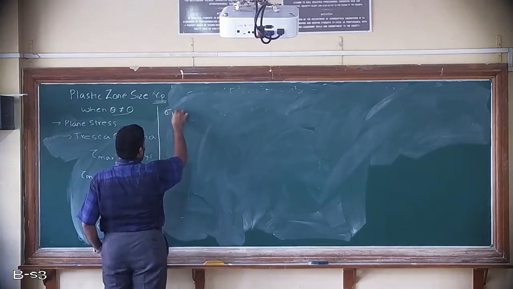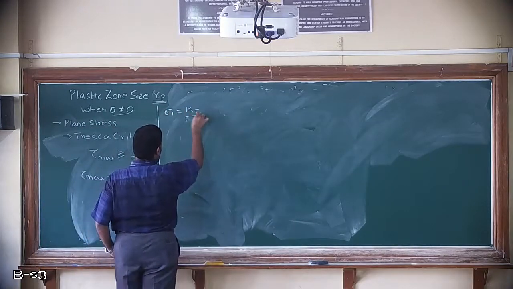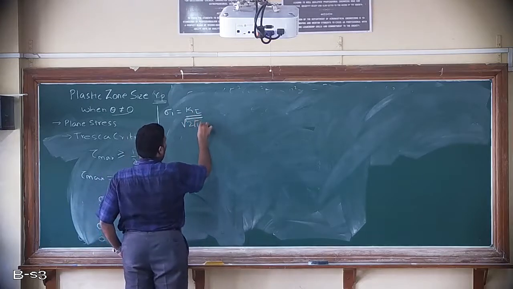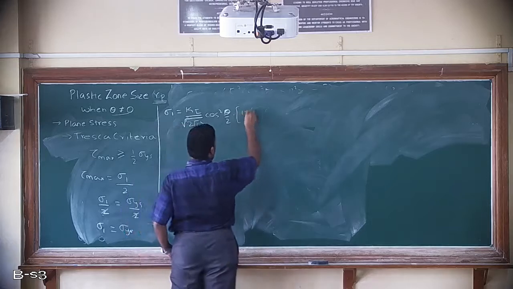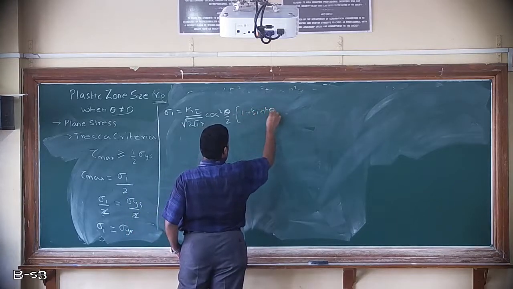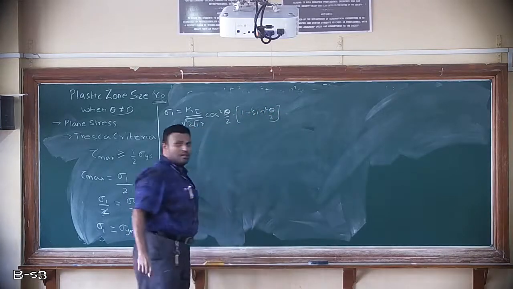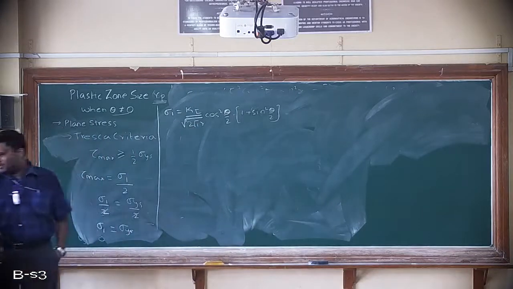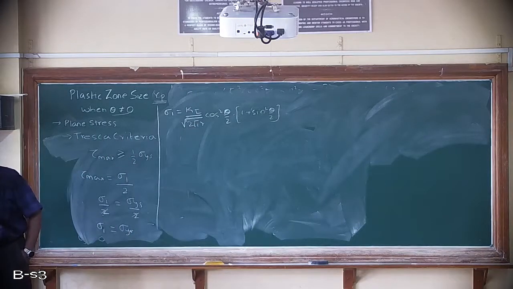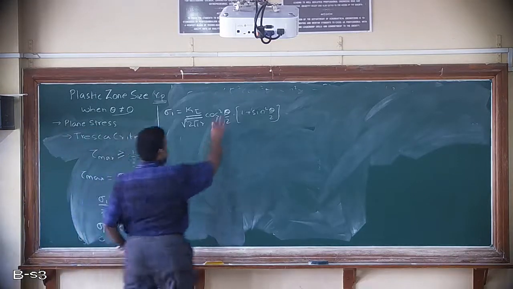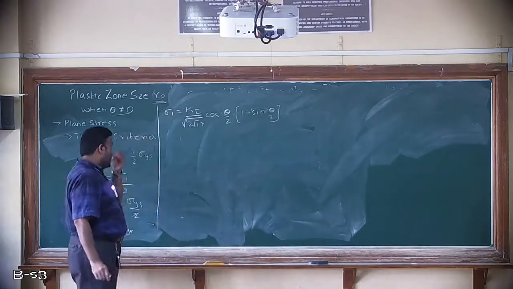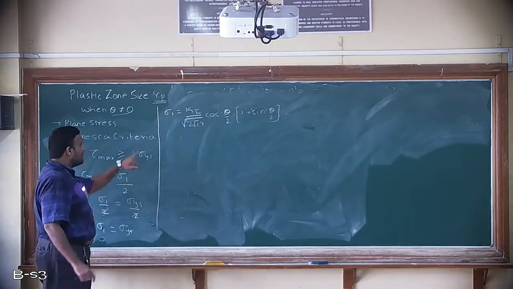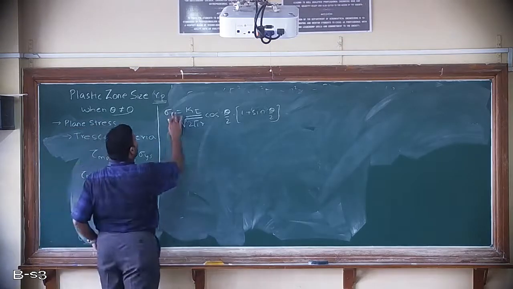So we know that sigma 1 is equal to KI upon root of 2 pi r into cos theta by 2 into 1 plus sin theta by 2. Do you agree with this? Okay? So now this will be equal to sigma ys.